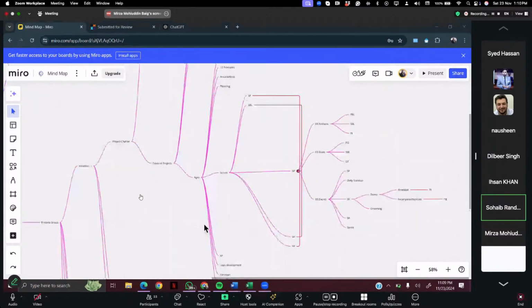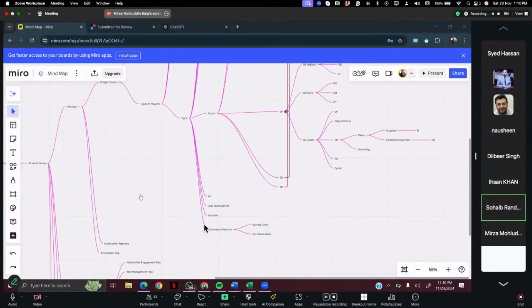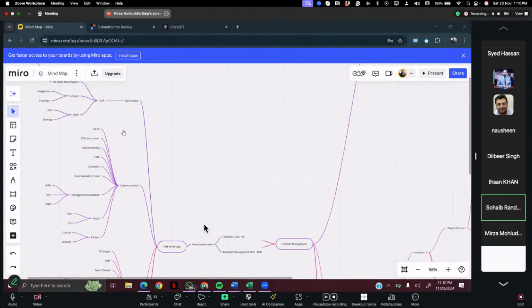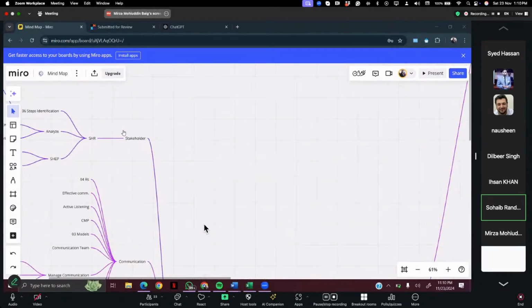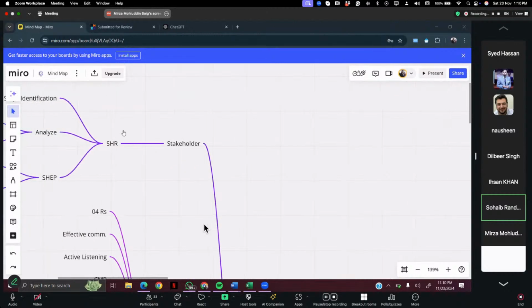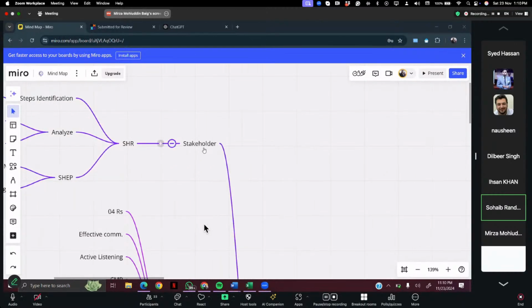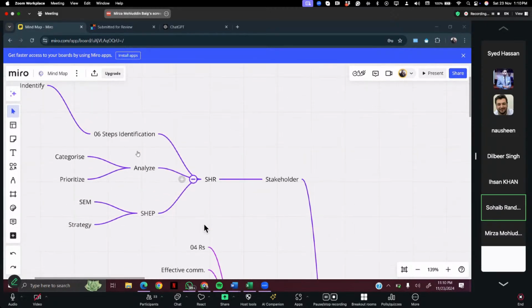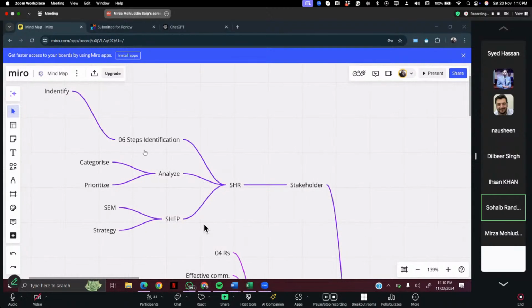Okay, come down. Now we have to go to the other side of different topics. After Agile, we studied stakeholders. We have the stakeholder register, and in that, first we have 6 steps of identification of stakeholders.